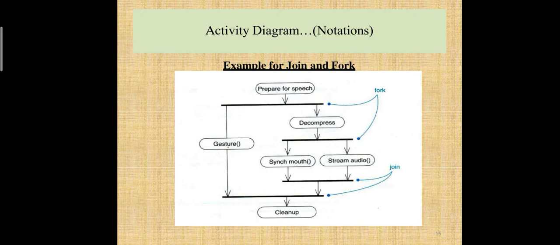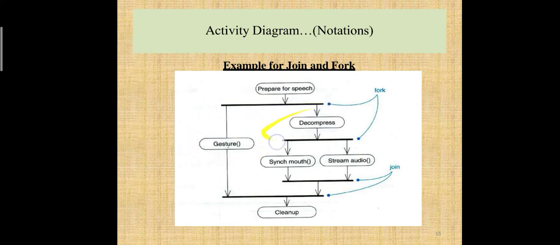This is an example for the join and fork. The first activity is prepare for speech. Then we have only one input, so we convert it into multiple paths. This is a fork symbol. Here we use prepare for speech, and then we have multiple paths.